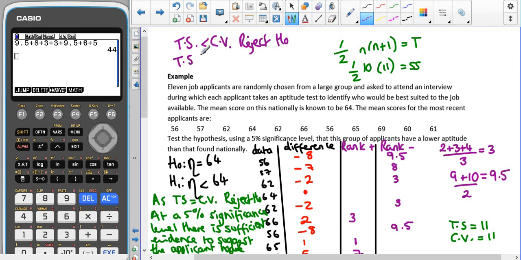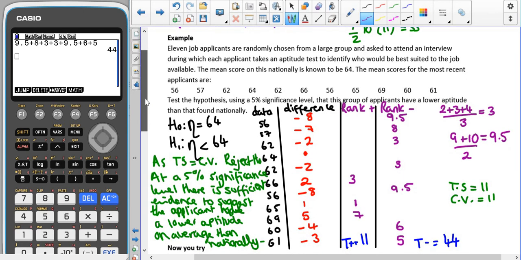If the test statistic is bigger than the critical value, so the smallest of our totals is bigger than our critical value, then we end up accepting H0. And this is because that means that our totals for the rank plus and the rank minus are close together, meaning that there isn't a big difference between the two sets.